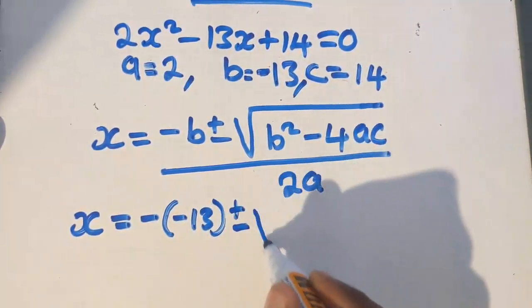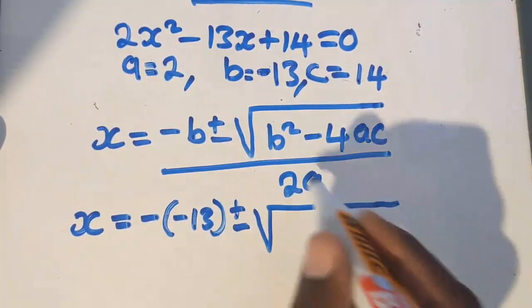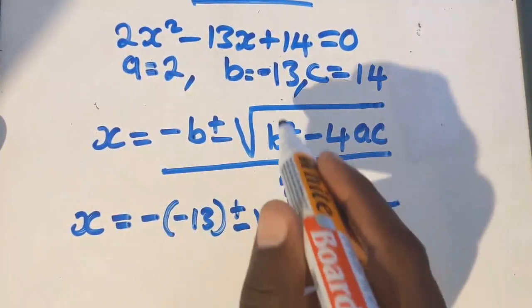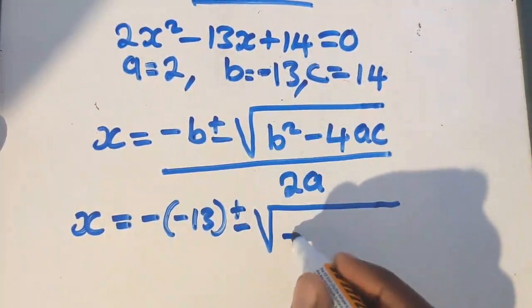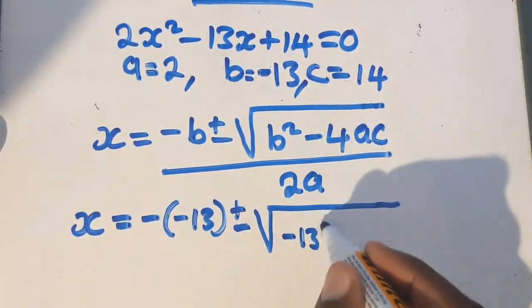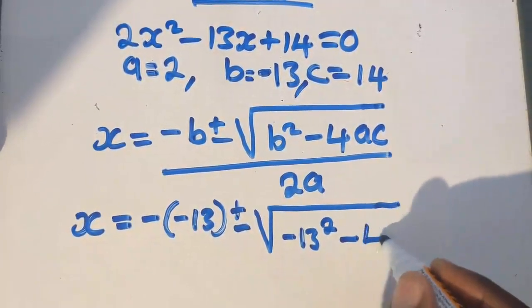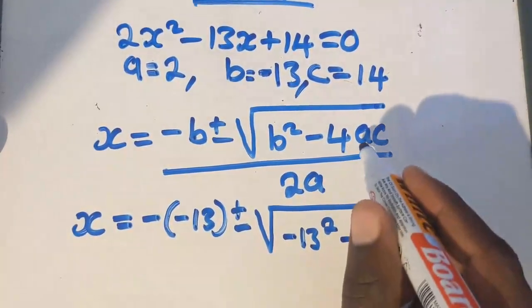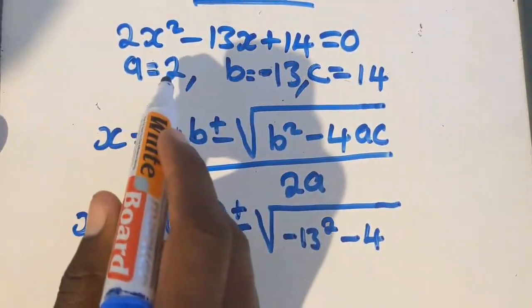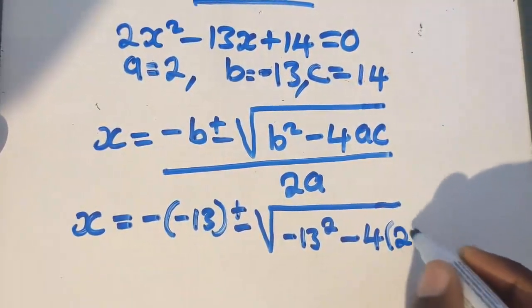Then you say root of b squared. What is our b? B is negative 13, but it is squared, so you need to square 13. Minus 4 times a. A is 2, so you multiply by 2.